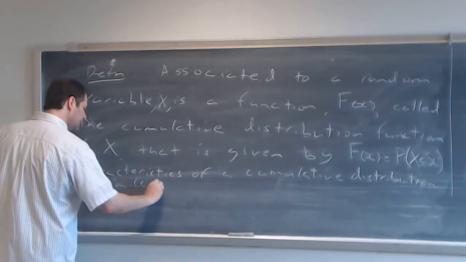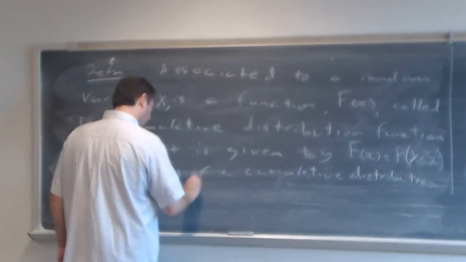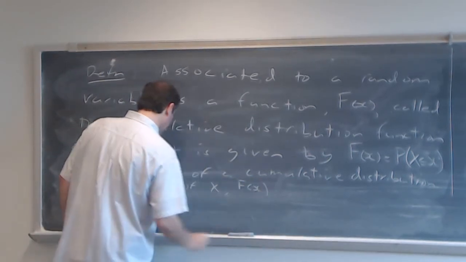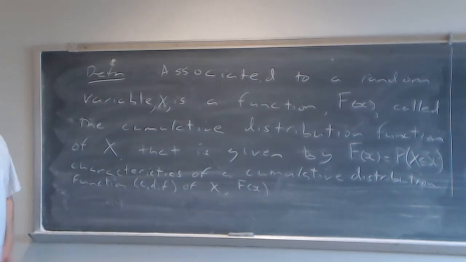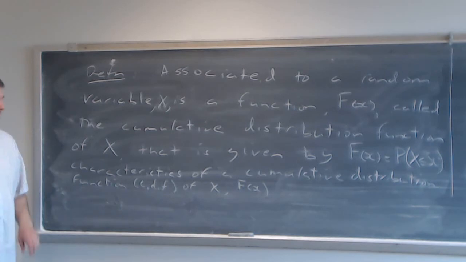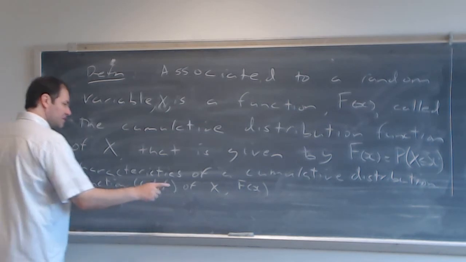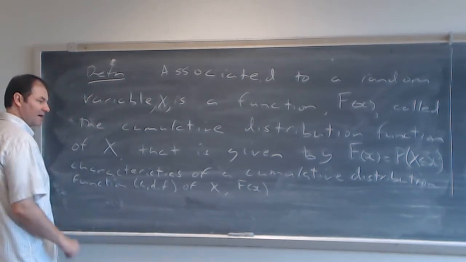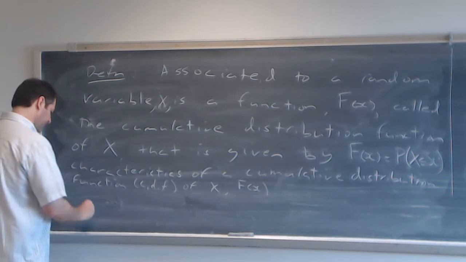Again, I'll call it the CDF of x. Remember, that's big F of x. So we can think of this either through limits or an extended function who's defined on extended real numbers. That means it's defined on infinity and minus infinity.